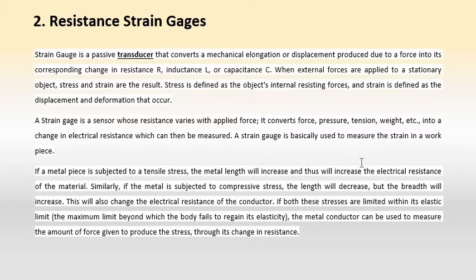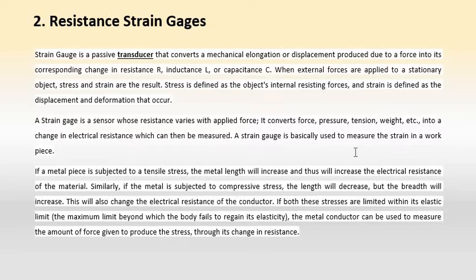Stress is defined as the object's internal resisting force, and strain is defined as the displacement and deformation that happens to that object externally. That external effect produced in the object is the strain, and the device that measures the amount of strain happening to that object is known as a strain gauge sensor.